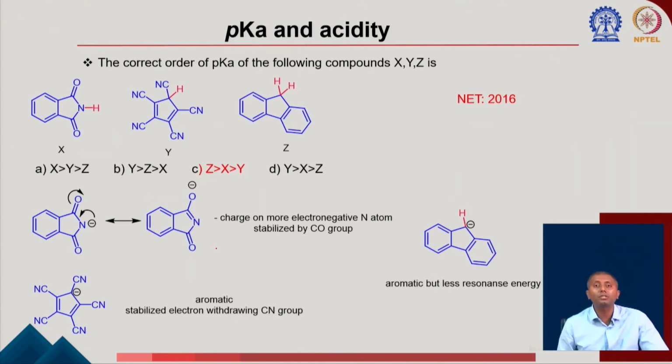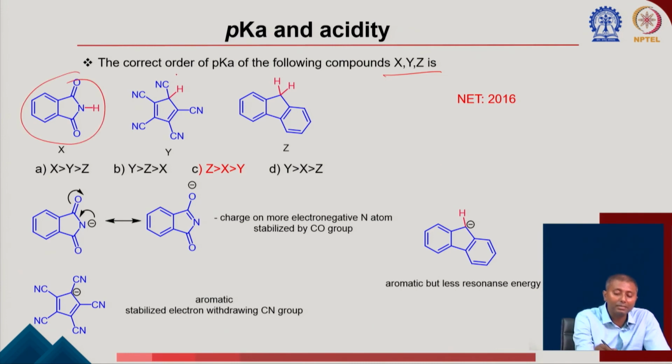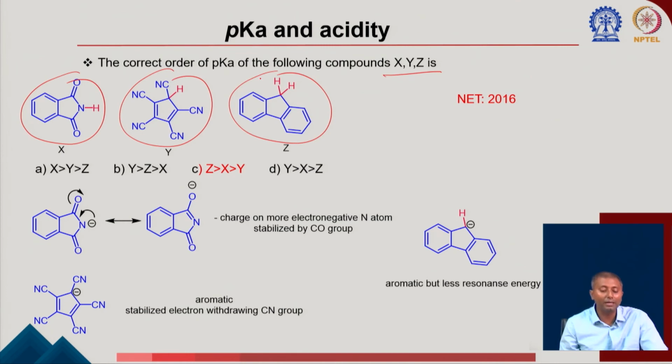Then there is another question in the exam: which will be the correct order of pKa of the following compounds X, Y and Z. If you look into X, Y and Z, one thing you have to understand is that in the case of X, it is just going to abstract this proton to form this type of carbanion. First we have to find out which will be more acidic.